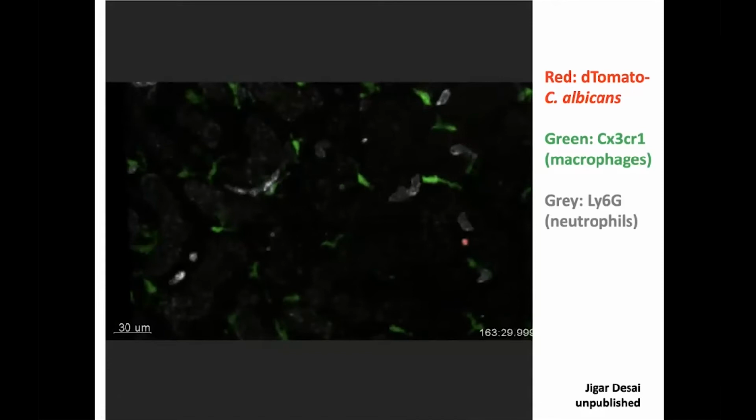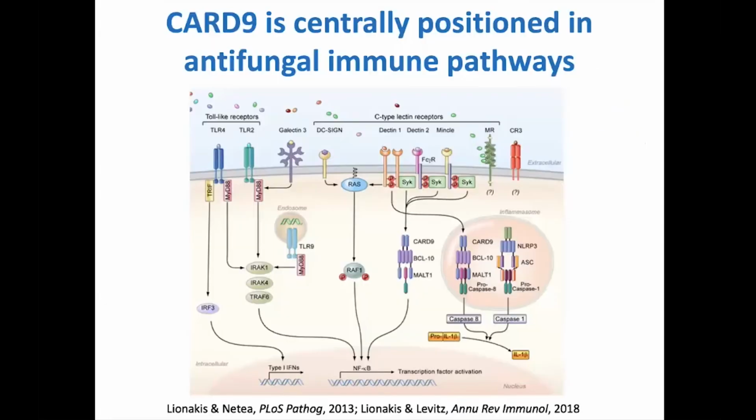So when it comes to a primary immunodeficiency with quantitative and qualitative defects in neutrophils, we need to talk about carnitine deficiency, as I mentioned. Carnitine sits downstream of the C-type lectin receptor pathway of pattern recognition receptors, such as dectin-1, dectin-2, MINCLE, and others.